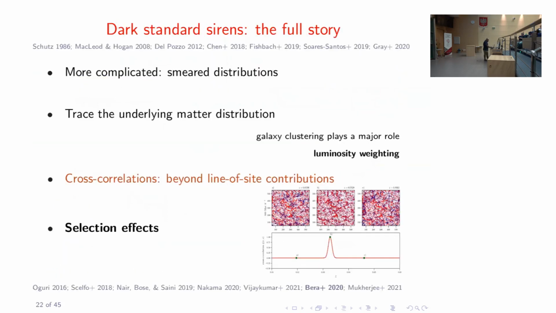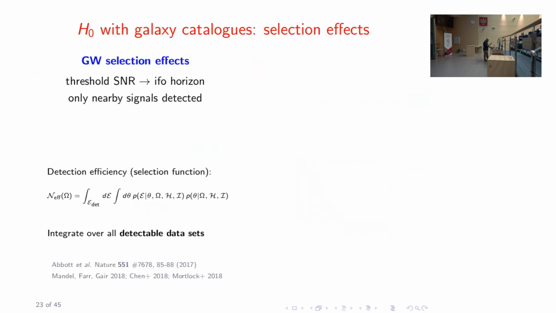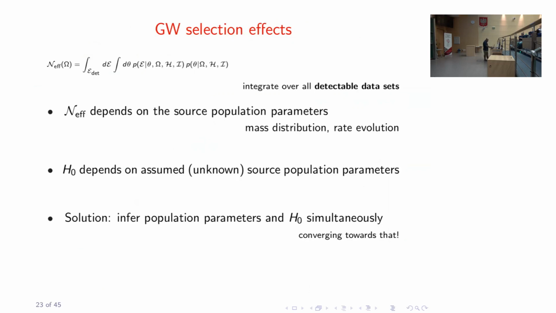And essentially, that's the direction that we are moving towards. We are trying to move towards computing H0 and population parameters simultaneously. Okay, this was the summary of selection effects.